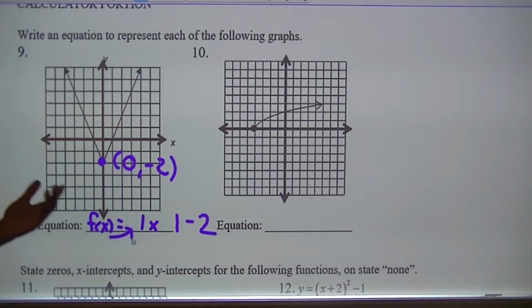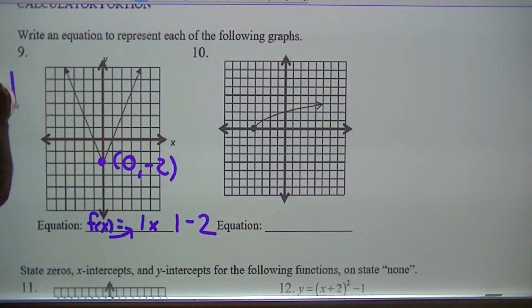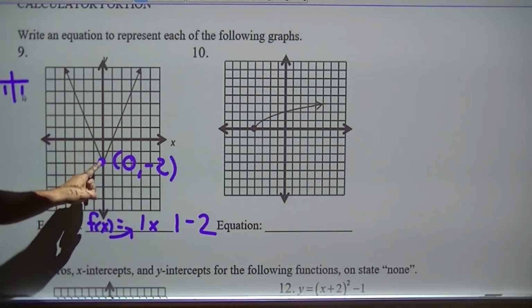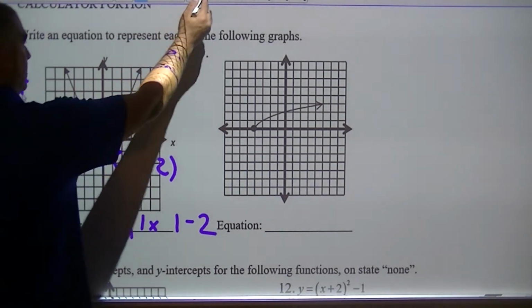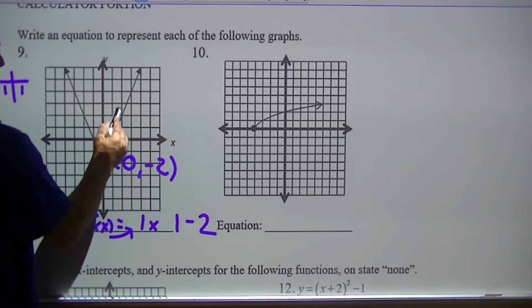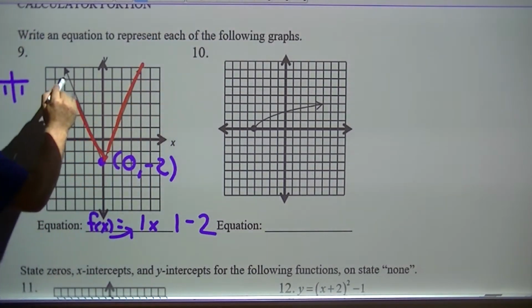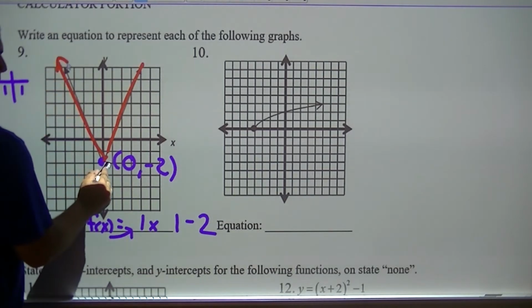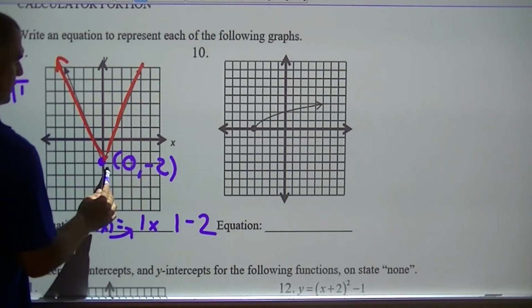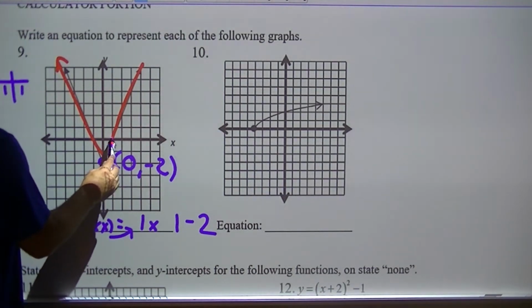Now, this number out front is the only thing that ends up being tricky. When you do transformations, usually what you have in a parent function is a 1-to-1, one right, one up. So to figure out the number out front, from this anchor point we go 1 to the right and we count up till we hit the actual graph. I'm going to draw this in red so you guys can get the idea. I count over 1 right and figure out how much it is to get to the red line. 1 right, 1, 2 would put me on the red line.